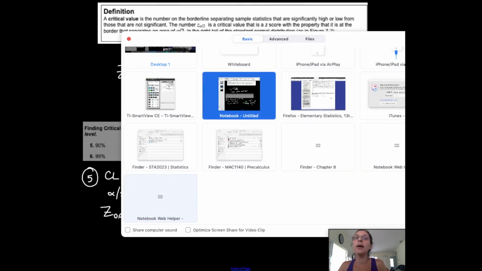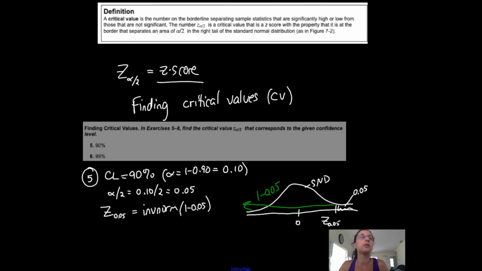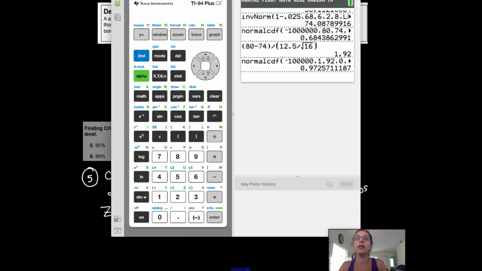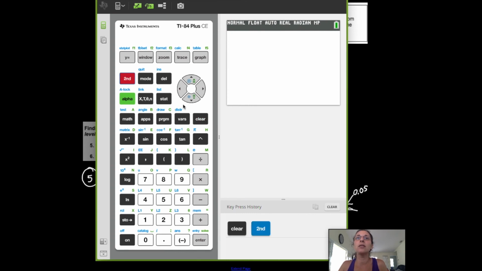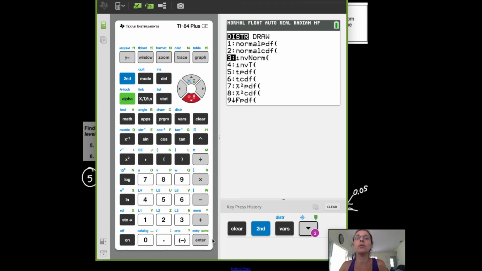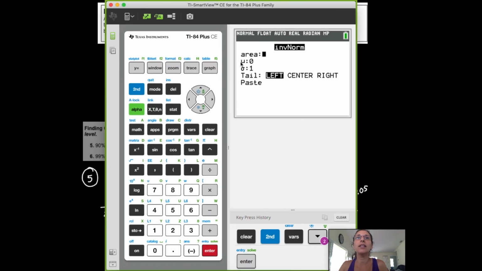Well, let's pull out my calculator and do that. Okay. So how do I find inverse norm again? So second, bars, right? We want to pull up distribution down to inverse norm number 3. Enter. Mine shows up like this, right? If it doesn't show up like this, you put area to the left, mean and standard deviation.